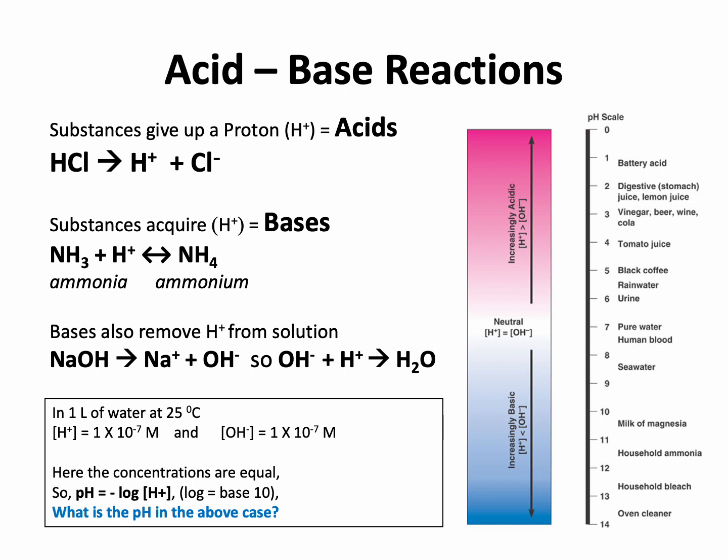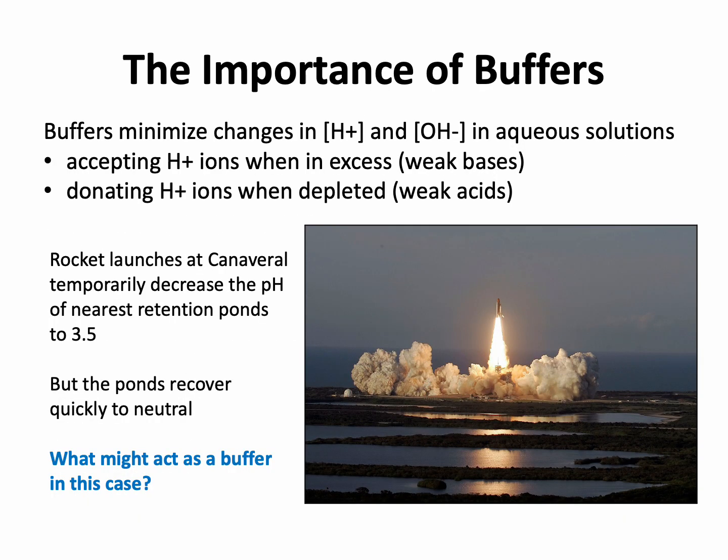You have acids, you have bases, they're out there, they do things, but there are things that can protect you from acids and bases, right? And this is where buffers come in. A buffer is anything that helps to bring you back towards neutral, helps to equilibrate exposure to either an acid or a base. We usually talk about weak bases and weak acids as the buffers because you don't want something strong that could really change things.